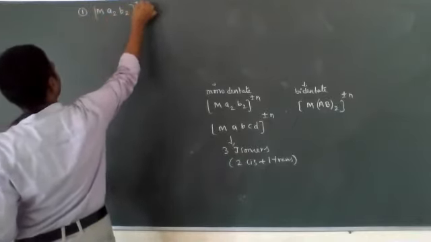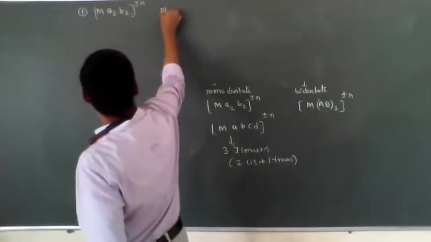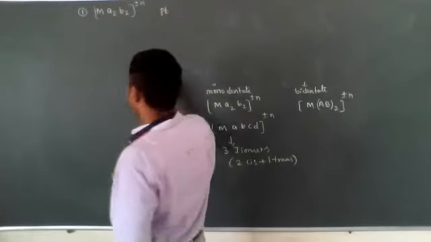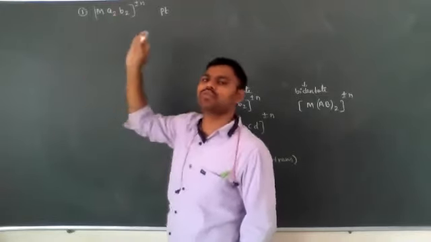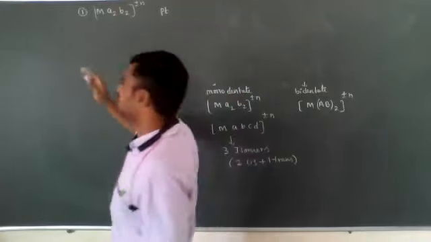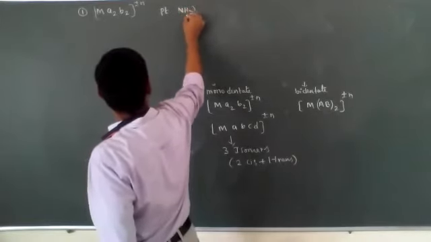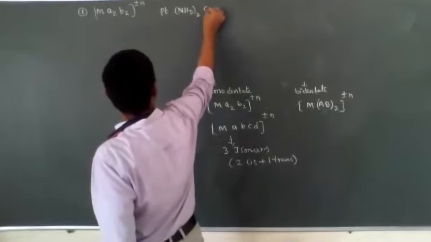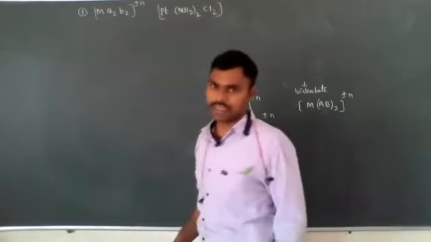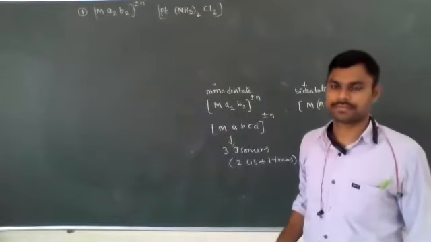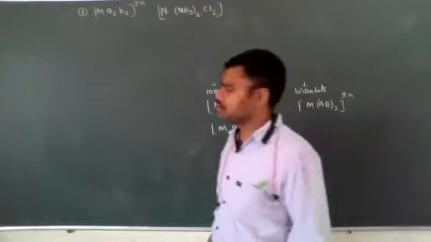MA2B2 model. See, platinum is the central metal atom. Two monodentate ligands are the same, and another two monodentate ligands are the same. See, NH3 twice, Cl twice. Their charge is 0, meaning it is a neutral complex compound.